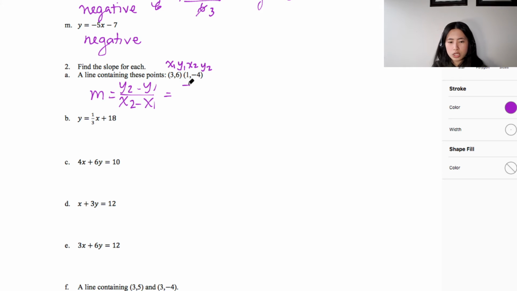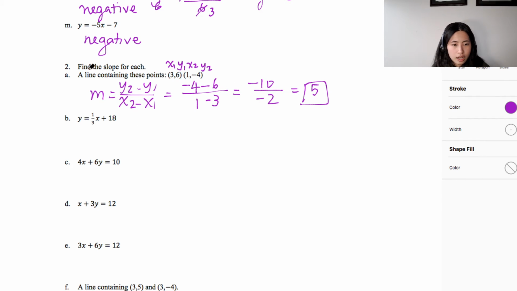You take y2, which is negative 4, minus y1, which is 6, dividing this by x2, which is 1, minus x1, which is 3. So negative 4 minus 6 is negative 10, and 1 minus 3 is negative 2. A negative number divided by a negative number gives you a positive number, therefore this is 5. So the value of your slope is positive 5, and it's a positive slope.